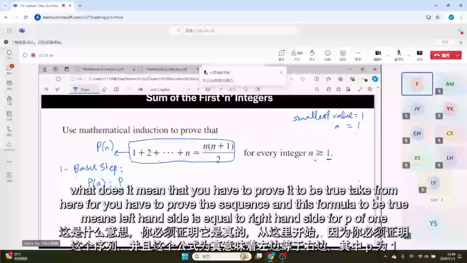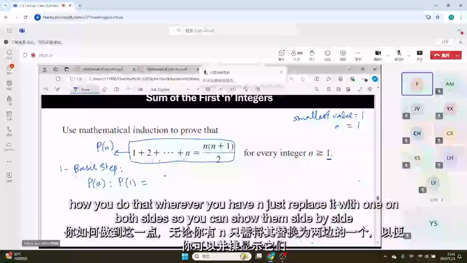Take this sequence and this formula: to prove them true means left hand side is equal to right hand side for P of 1. How do you do that? Wherever you have n, just replace it with 1 on both sides, so you can show them side by side.